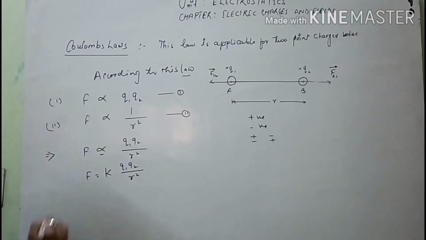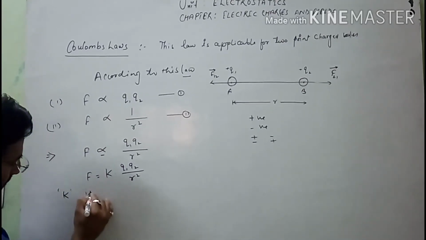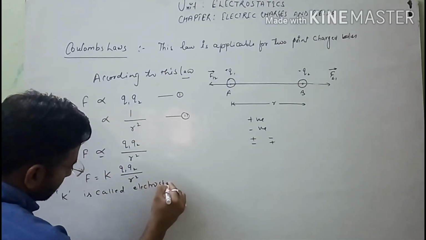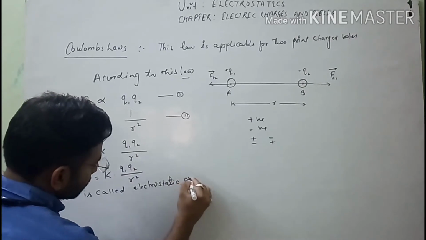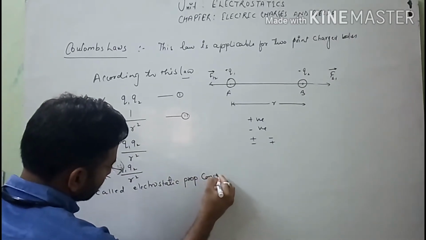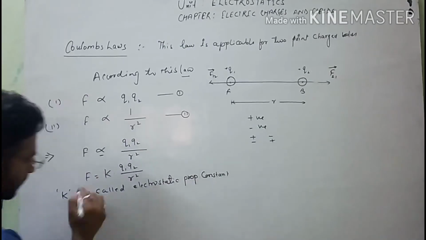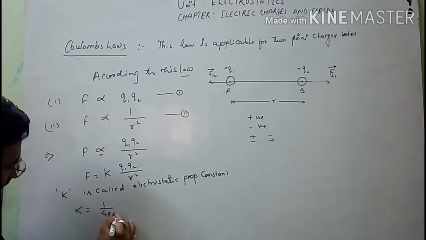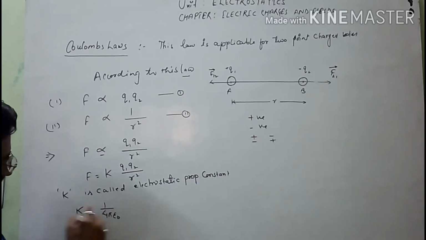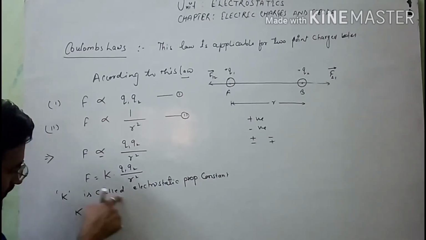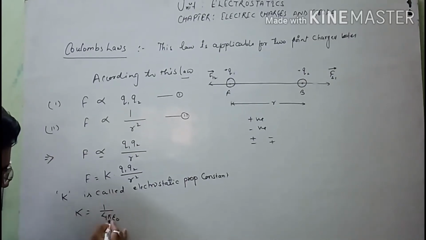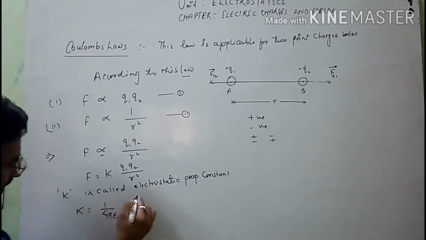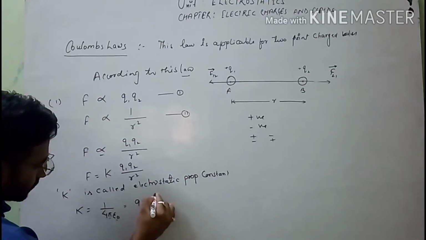Here this K is called the electrostatic proportionality constant. Clear, student? Now the value of K is 1 over 4 pi epsilon naught, which is a constant, and in numeric form, after substituting the values of pi and epsilon naught and calculating, you will get the value of K, which is 9 into 10 raised to the power 9.